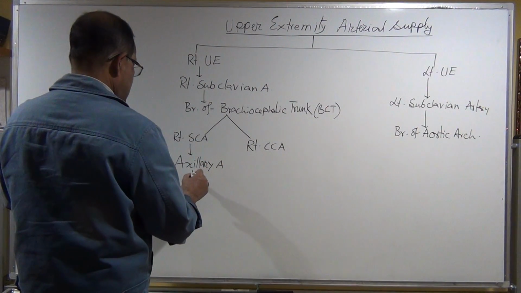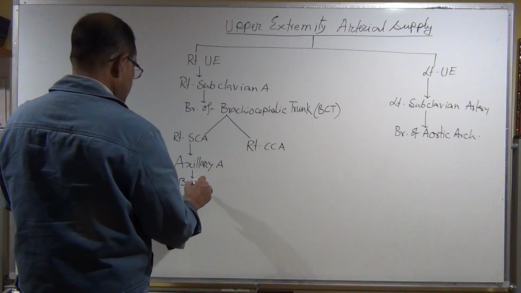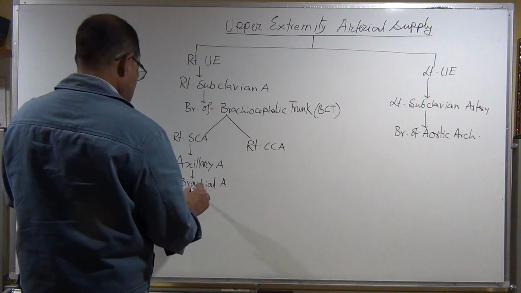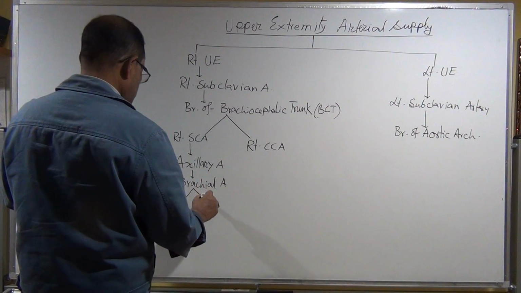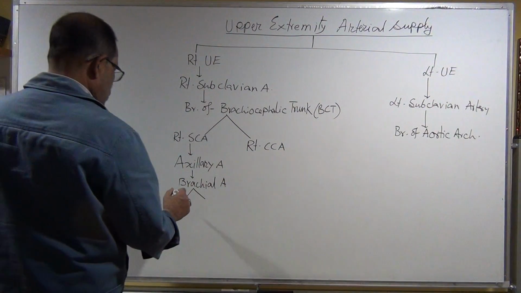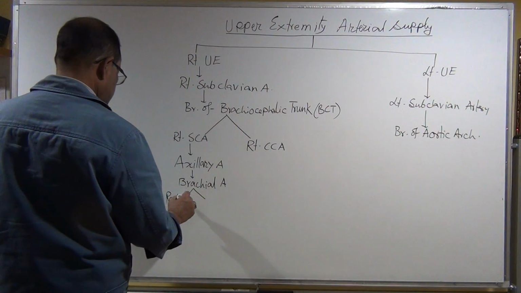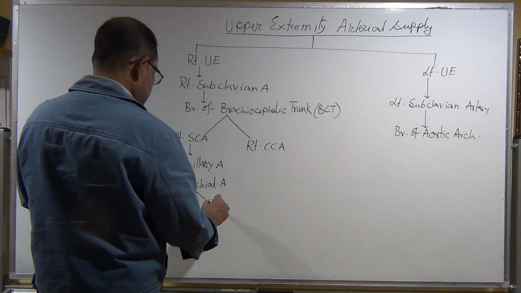From the axillary artery, there is a brachial artery. From the brachial artery, it splits into two major arteries: one is the radial artery, another is the ulnar artery.